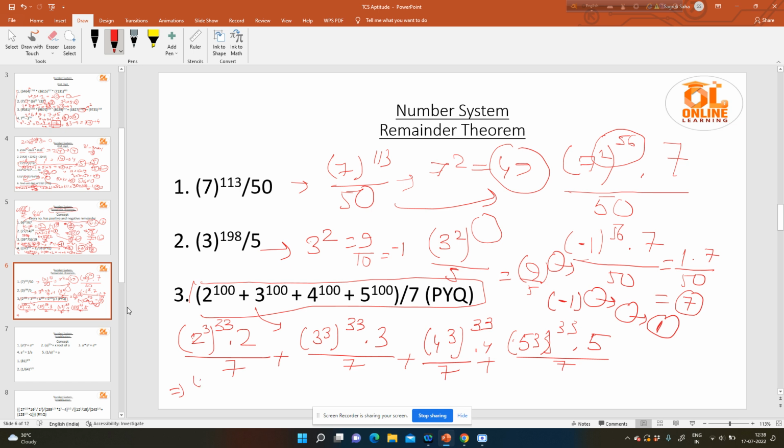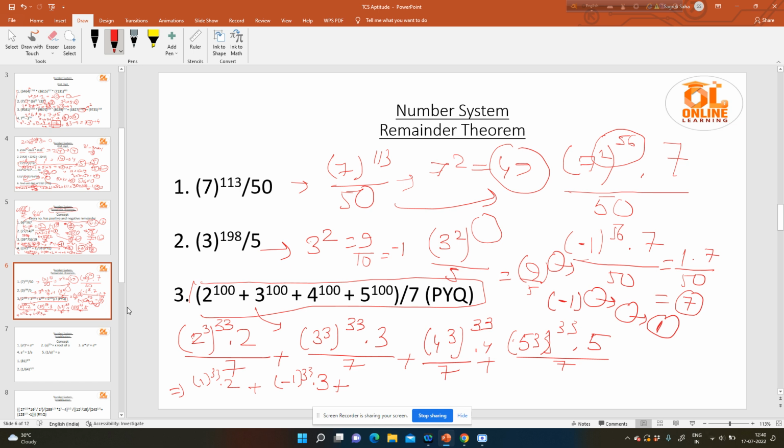So now 2 cube is 8, so 1 to the power 33 into 2. Here 3 cube is 27, and 7 fours is 28. So the multiple of 7 is greater because it is 28, so we will be having minus 1 here. Minus 1 to the power 33 into 3. 4 cube is 64 and 7 nines is 63.